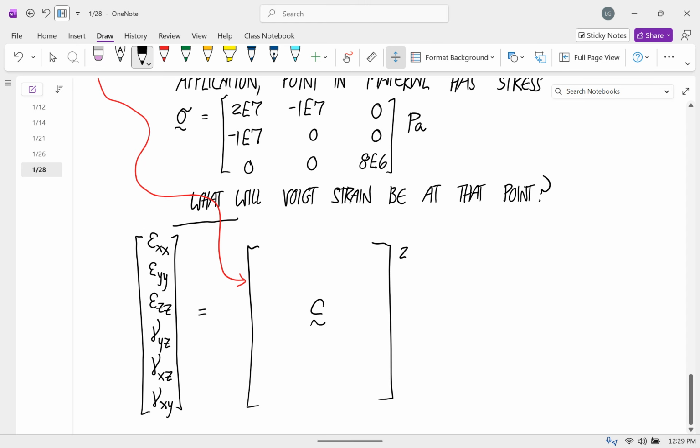So that's going to be 2 times 10 to the 7, 0, 8 times 10 to the 6, and then 0, YZ is 0, XZ is 0, and XY is negative 1 times 10 to the 7.